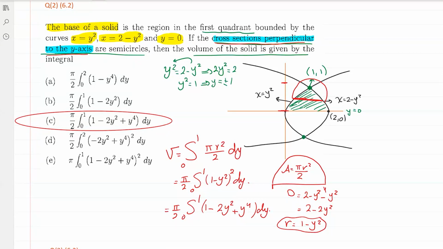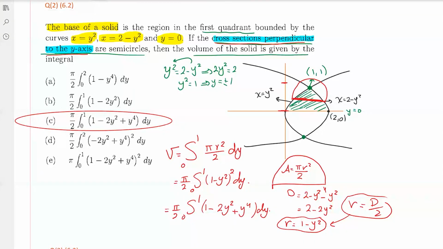The base of the semicircle is this distance here. To find it, you find the distance between this curve and that one, right minus left. This is the diameter. Radius is half the diameter, radius equals diameter over 2. Is it clear? Yeah, I got it now. Thank you, Doctor. You are welcome.